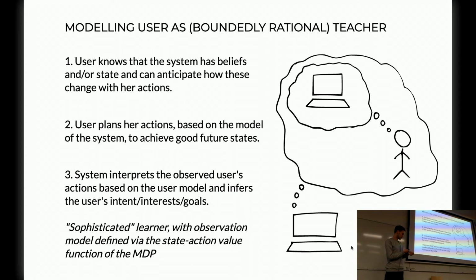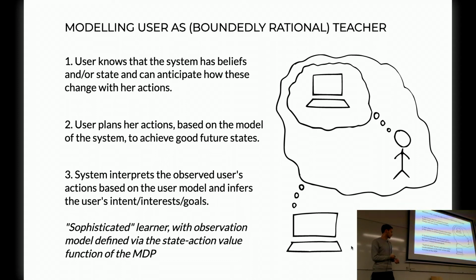Then finally, this is nested inside the system's model of the user. So the system interprets the user's action based on this model of how the user is thinking about the system, and then tries to infer the intent or goals of the user based on that. We might call this sophisticated learner or teacher-aware learner.